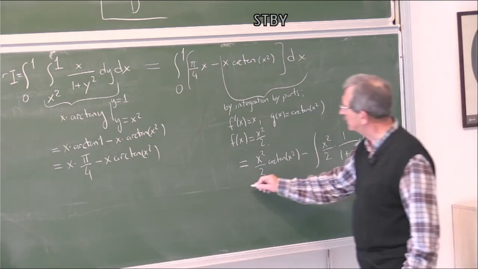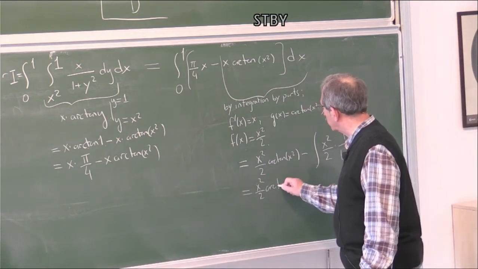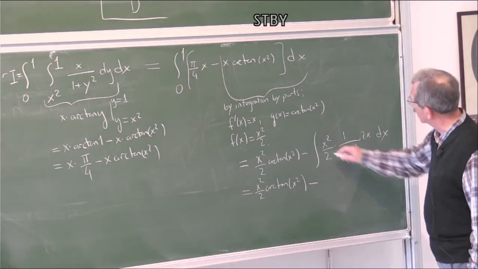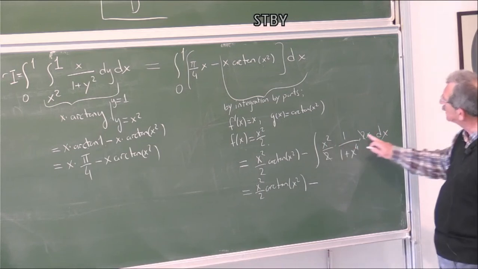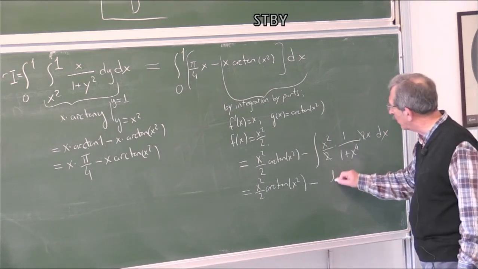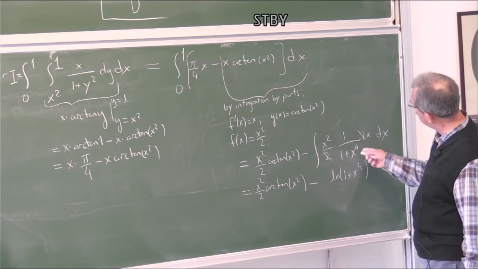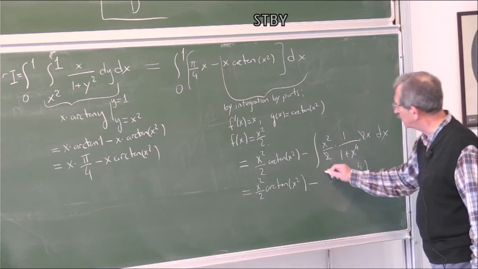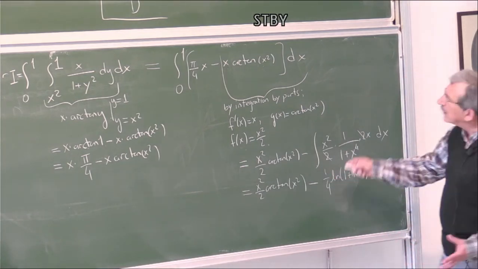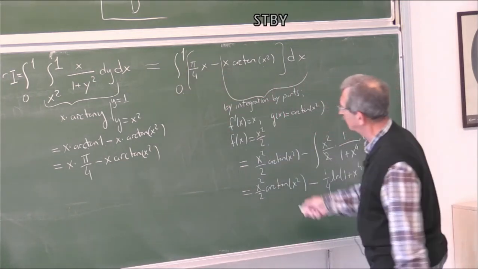Okay, all this tells us that we have x squared over 2, arctangent of x squared, minus, okay, 2's cancel out. You have x cubed divided by 1 plus x to the 4th, but that's logarithm of 1 plus x to the 4th. But you need, of course, 4x cubed, so you have to divide by that. And then eventually, you evaluate it from 0 to 1. Okay.